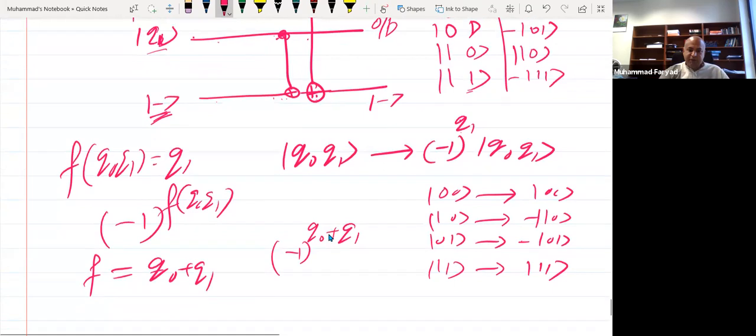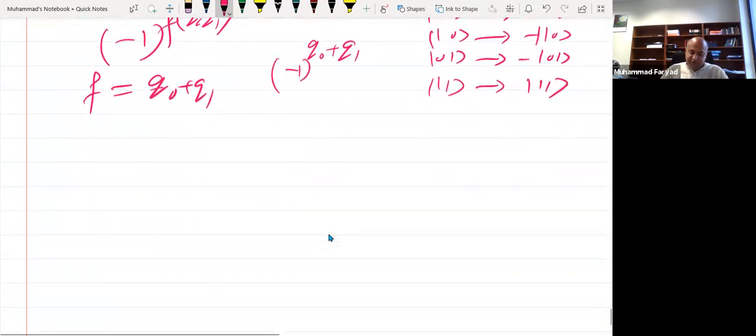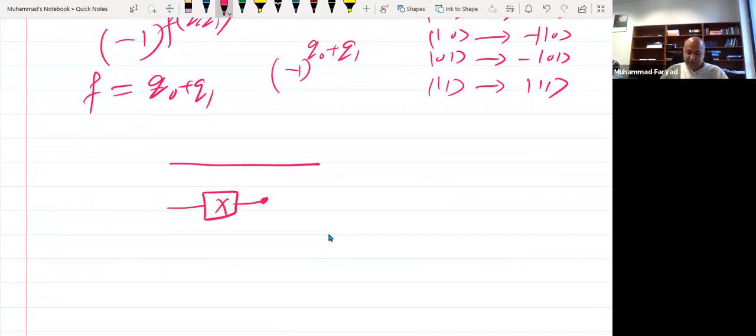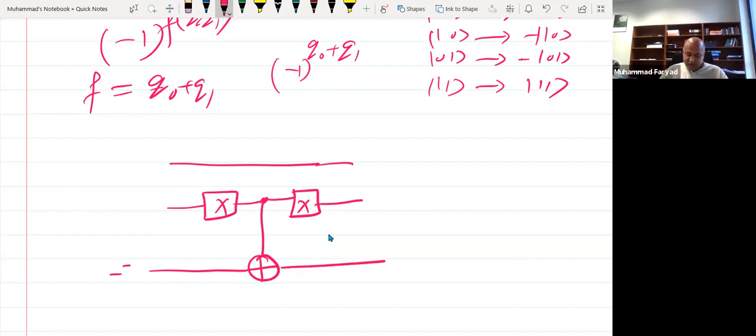Similarly, you can implement different functions. For example, if I have this qubit doing nothing, but on this qubit I first do an X gate, and I do an X gate again, and I now do a controlled X over here, and this is again in the minus state and remains in minus state.